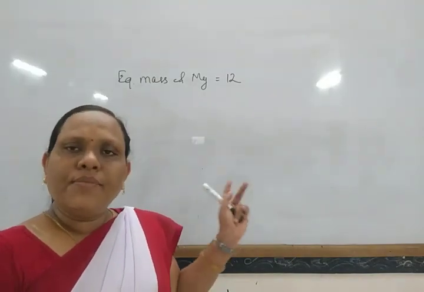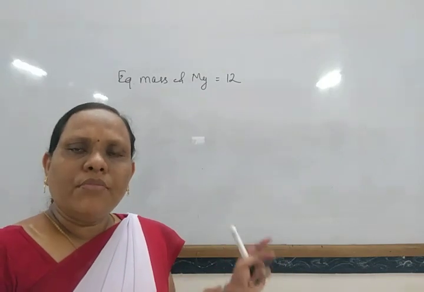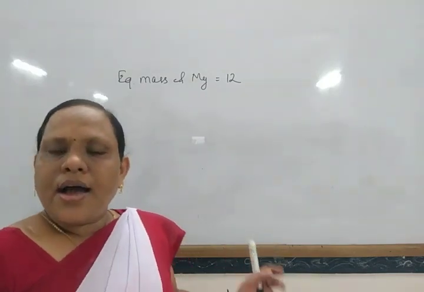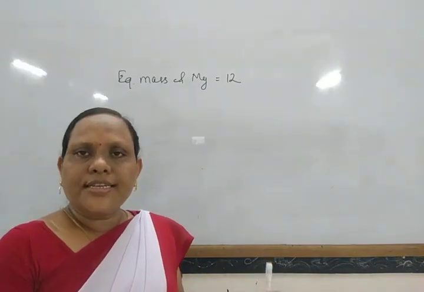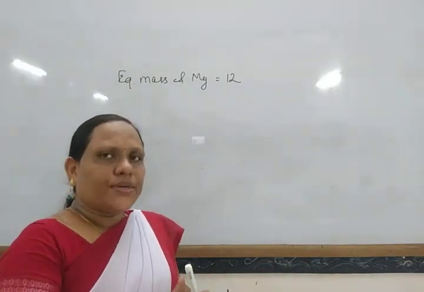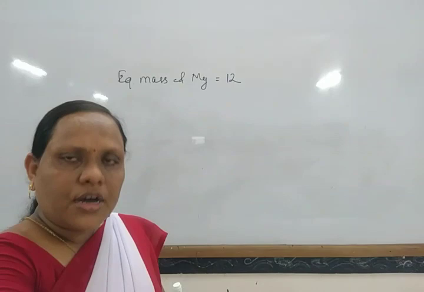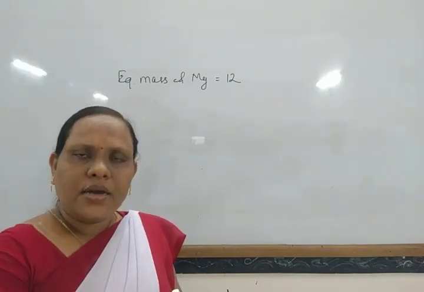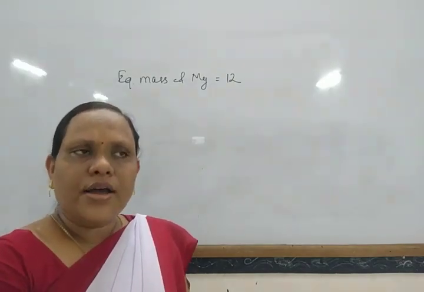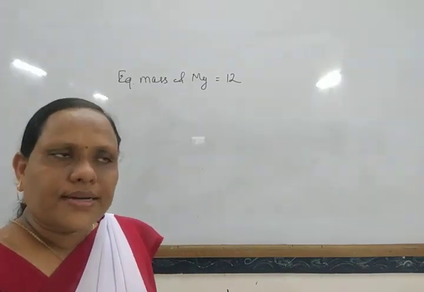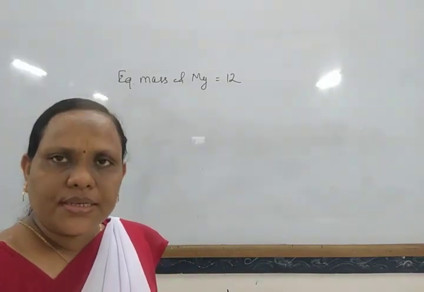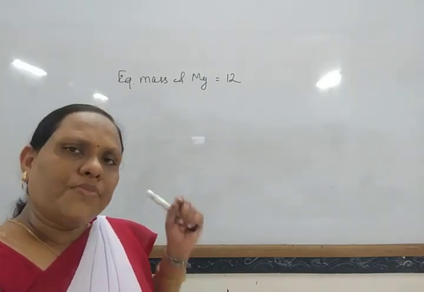Aluminium, valency 3. Sodium, valency 1. Hydrogen, valency 1. Chlorine, valency 1. So how many electrons an atom lost, gained, or shared to achieve the nearest inert gas configuration, that is known as its valency.